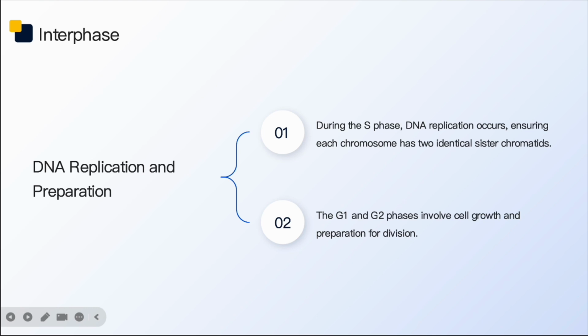During the S phase, DNA replication occurs, ensuring each chromosome has 2 identical sister chromatids. The G1 and G2 phases involve cell growth and preparation for division. Actually, the first is G1, the second is S, and then G2.